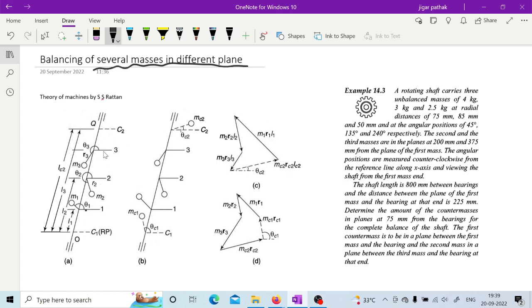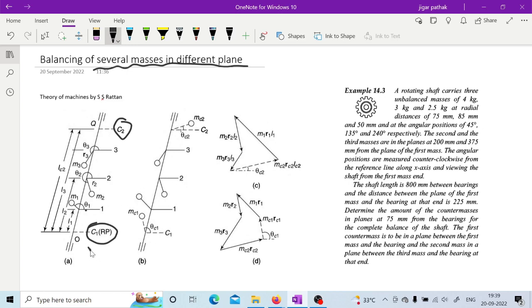take two different planes like C1 and C2, right? In this C1 and C2, you are going to provide two more masses for balancing, right? This MC1 and MC2.